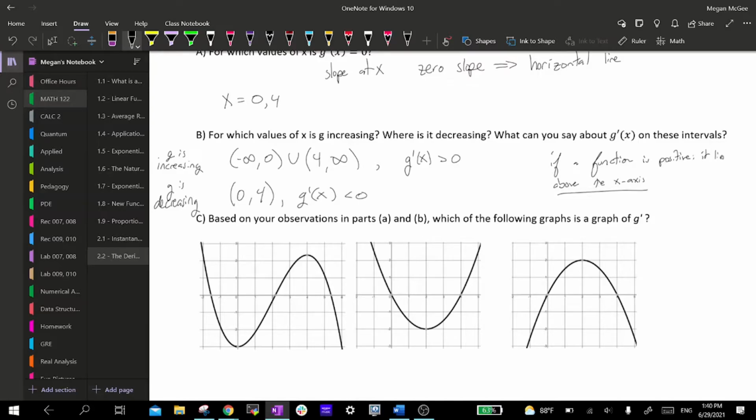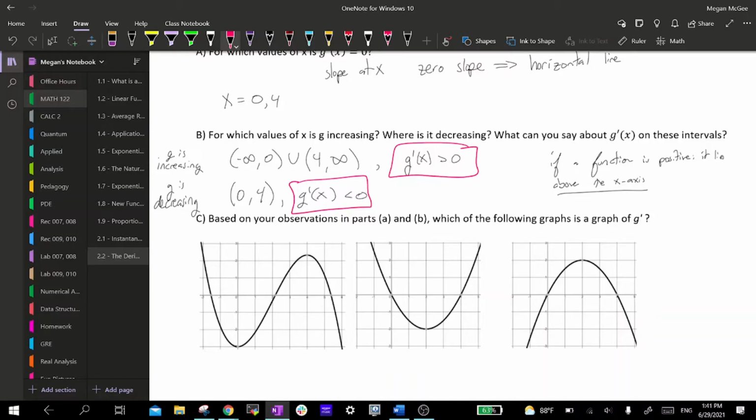So our function, the derivative, so g prime of x, that's the function we're looking at, needs to be above the x-axis from 0 to 4.